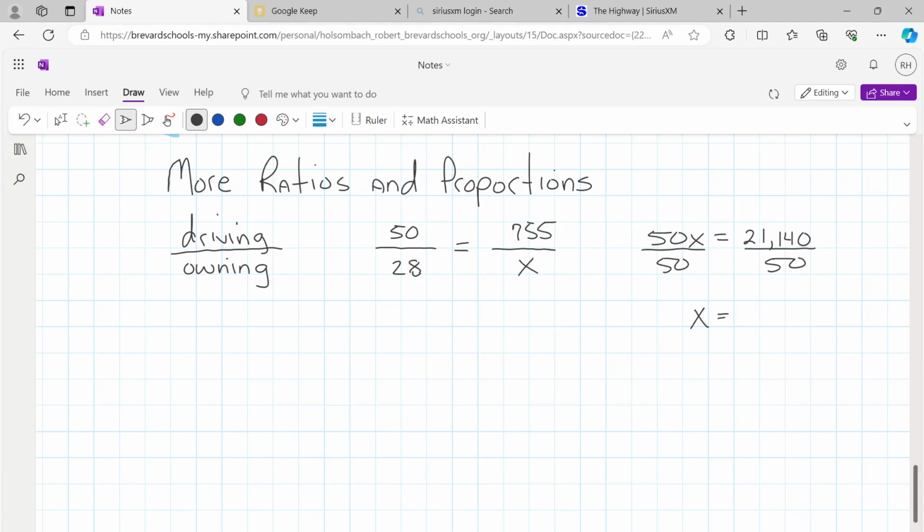And we get 422.8. So we can say that about 423. 422.8, and the question was to predict the total number of students who own cars. So our prediction would be 423.